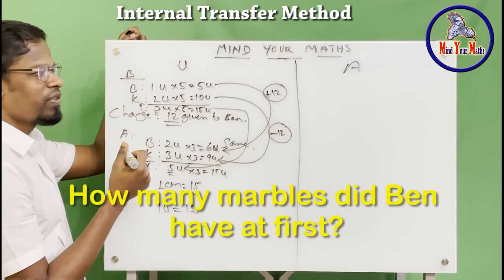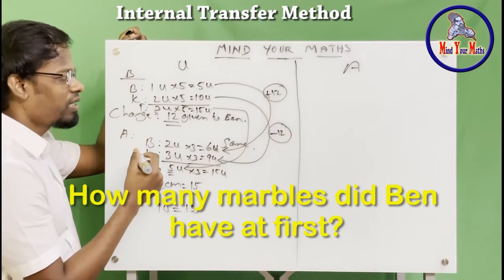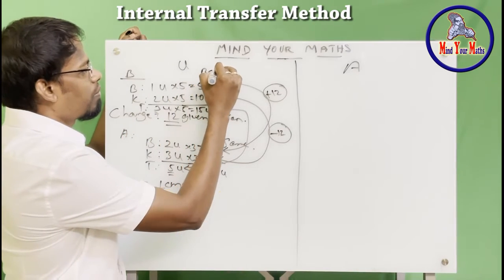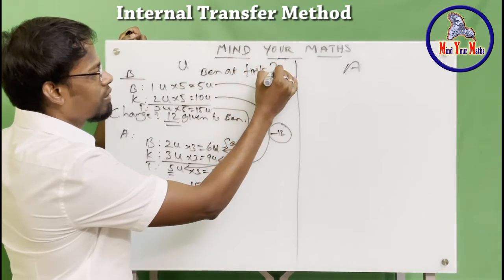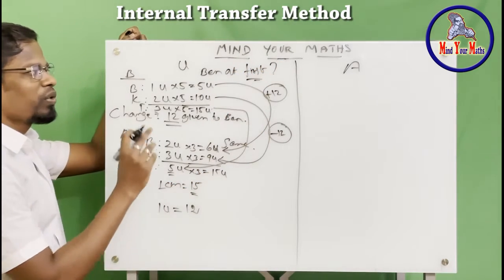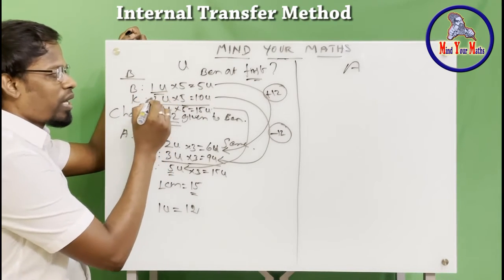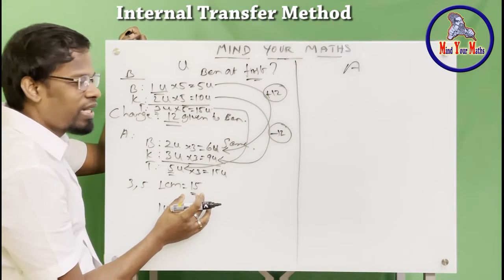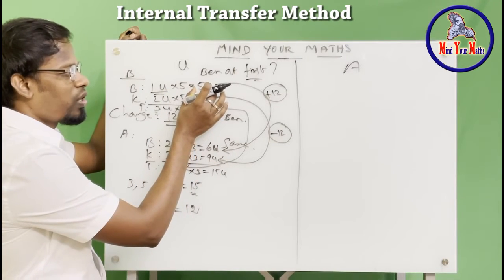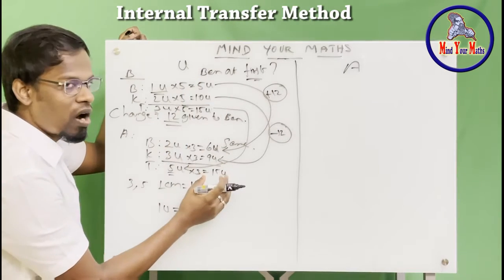Now what is the question? What is the number of units that Ben had at first? We should not be taking this one unit, because we have already changed the units by taking LCM. We have changed the units to become the same size across both after and before.